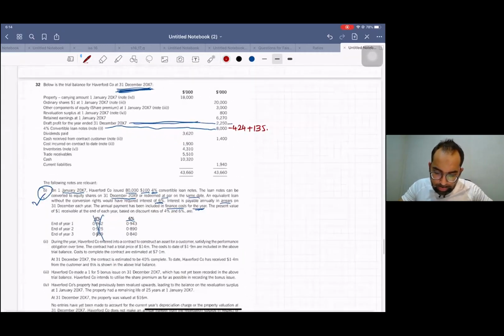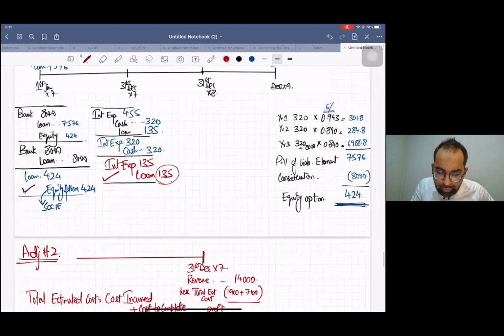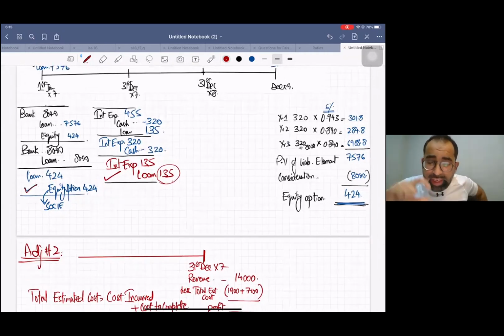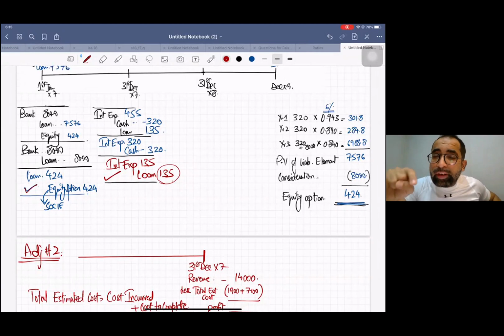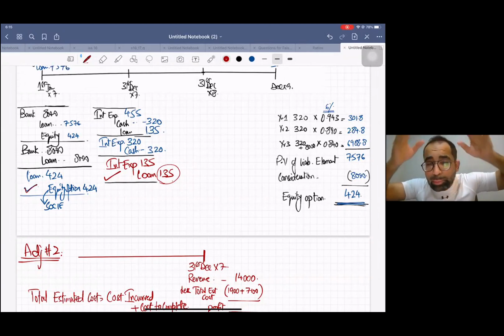Now one more thing. Sir, where will we post this interest expense? This additional, or I'd say extra, interest expense, the examiner has not already adjusted in the profit. We can say the examiner forgot to book this interest expense.